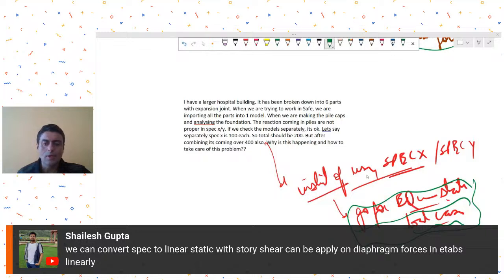ETABS is going to give you different nodal diaphragm forces for different mode shapes. So how are you going to combine those modal outputs and apply them in equivalent static? ETABS is not giving you a single output. It will give you the diaphragm forces for different modes.